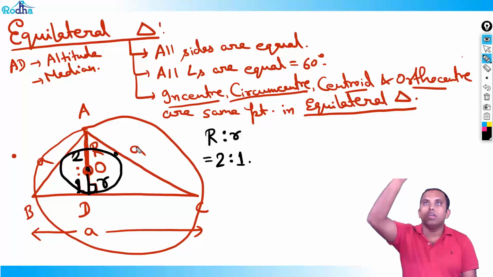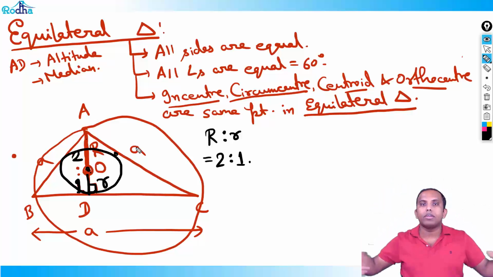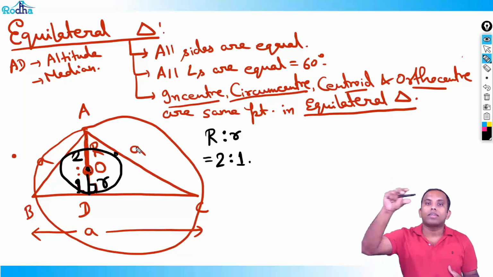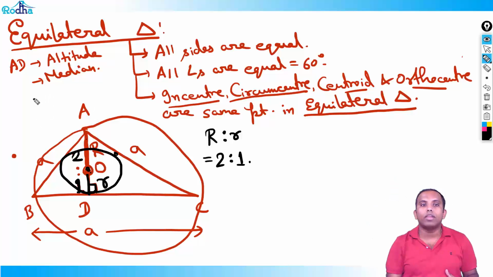Equilateral triangle is a fully symmetrical figure, right? Orthocenter, circumcenter, incenter, centroid, all are the same point. That's why AD is median as well as altitude, as well as angle bisector, as well as side bisector.